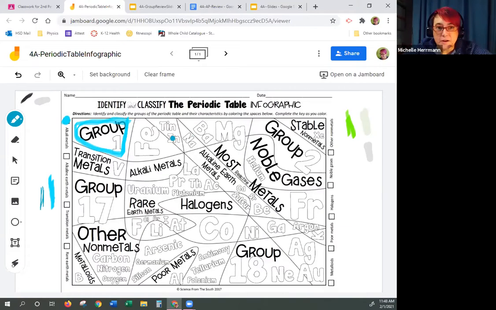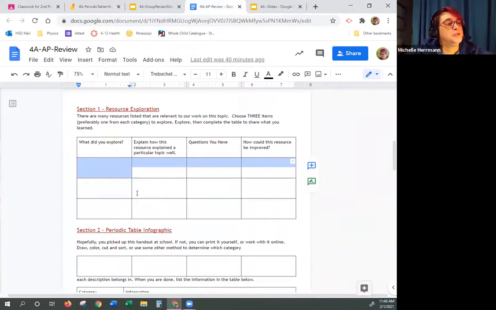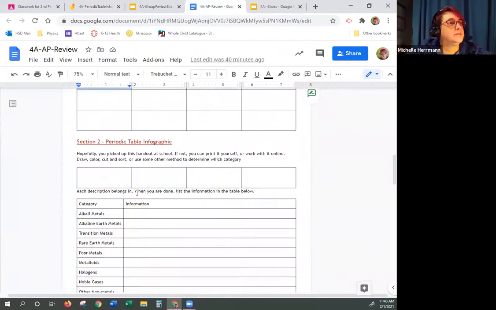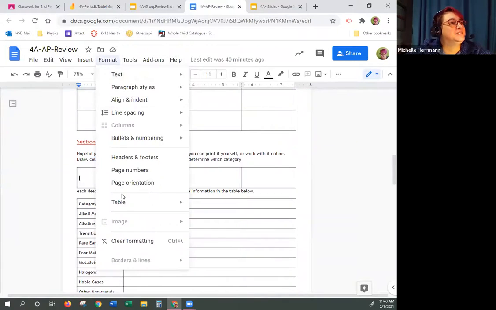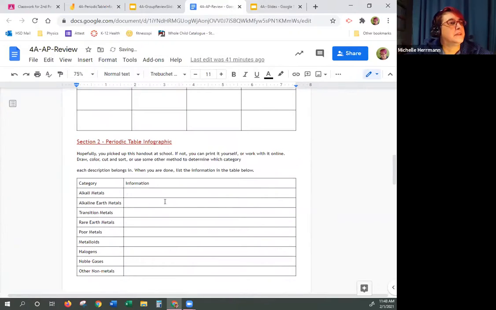The way I know that you've done this, and also the way you organize this information for notes, is if we look at our assignment, section 2, periodic table infographic. Notice there's a table here and it has all the categories.